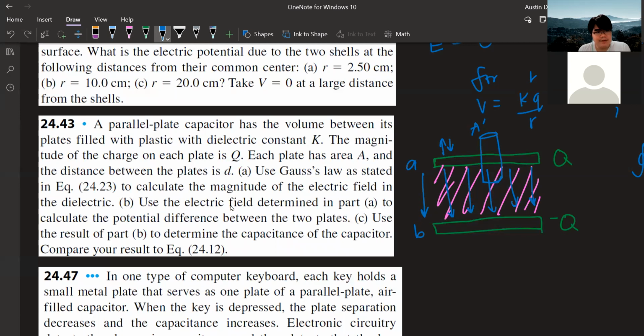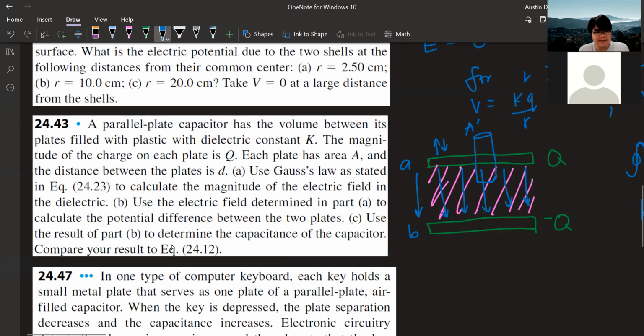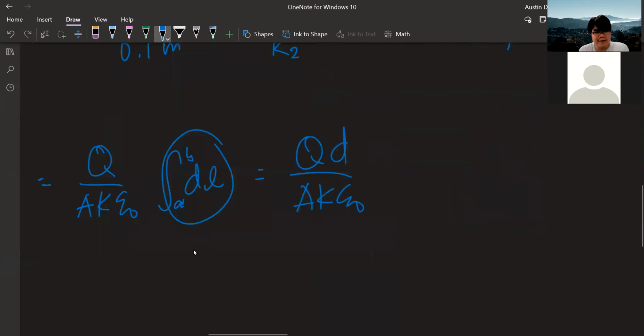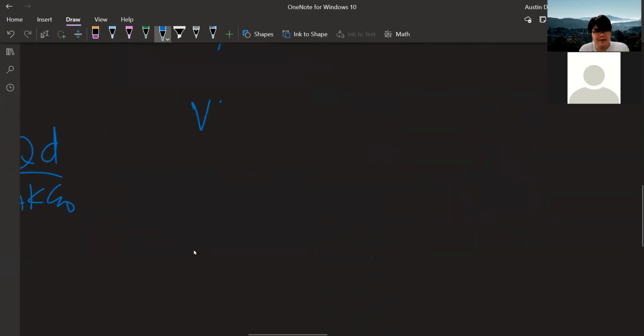And then we need to use the result of your part B to determine the capacitance of the capacitor. Okay, so we have a potential V is equal to Q D over A K epsilon naught.